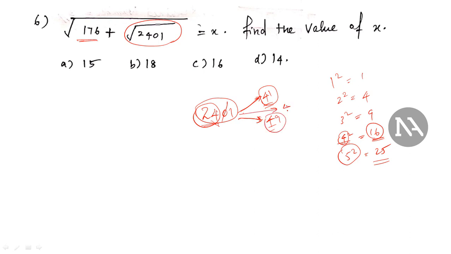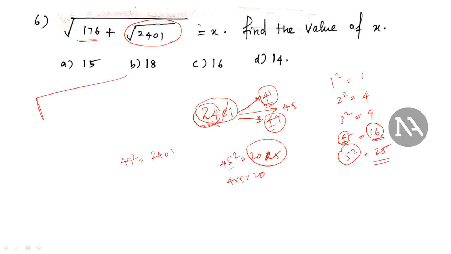For that I have to take the intermediate value 45. So 45 squared is, 5 squared is 25, then 4 into 5, that will give you 20. So it is 2025. So here 2401 is greater than 2025. So 49 squared will be equal to 2401.